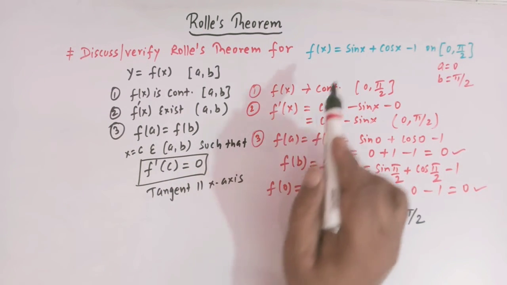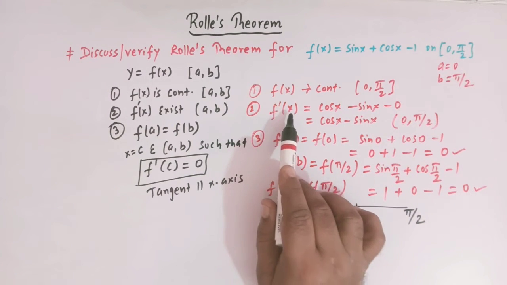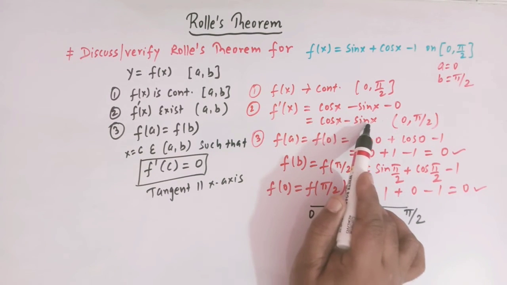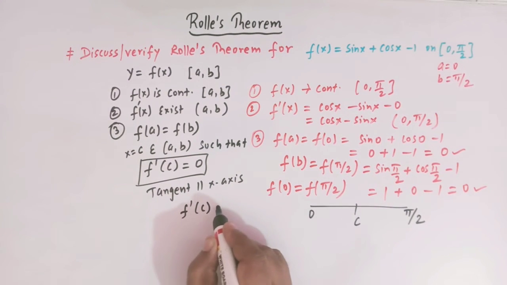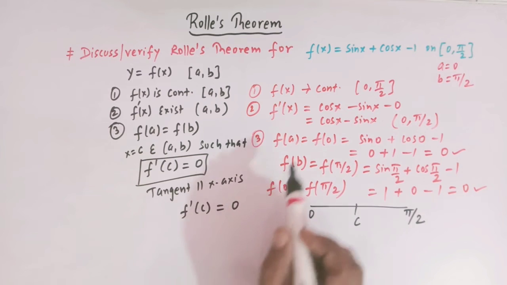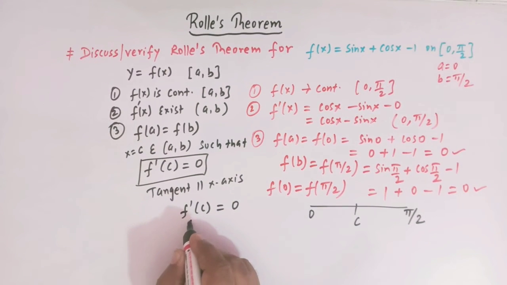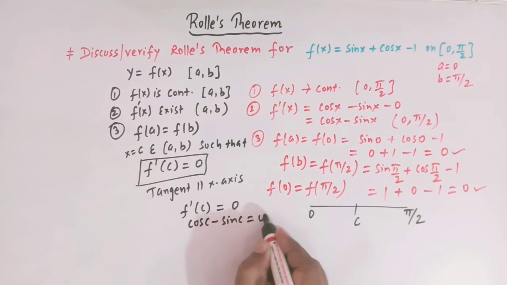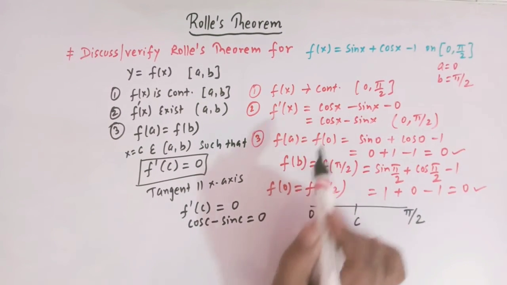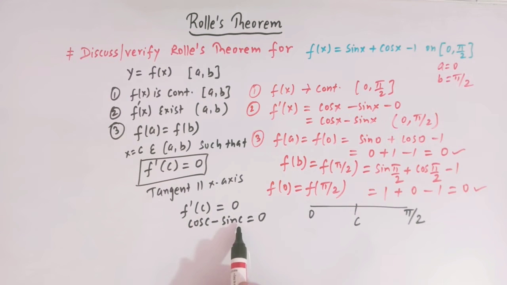Here we have f prime of x is equal to cos x minus sin x. So f prime of c must be equal to 0, and f prime of c is equal to cos c minus sin c. Here we take x is equal to c. So we have cos c minus sin c is equal to 0. So cos c is equal to sin c.